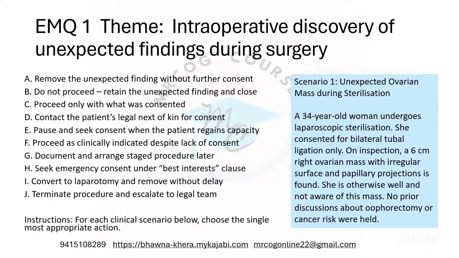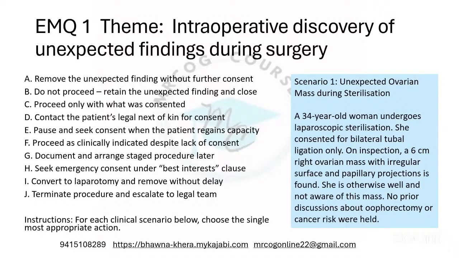She is otherwise well and not aware of this mass. No prior discussions about oophorectomy or the cancer risk were held. So patient is undergoing the laparoscopic sterilization, and there is 6 centimeter right ovarian mass, which of course have some concerning features like papillary projections, but you already have not taken any consent. So what would be the most appropriate action here?